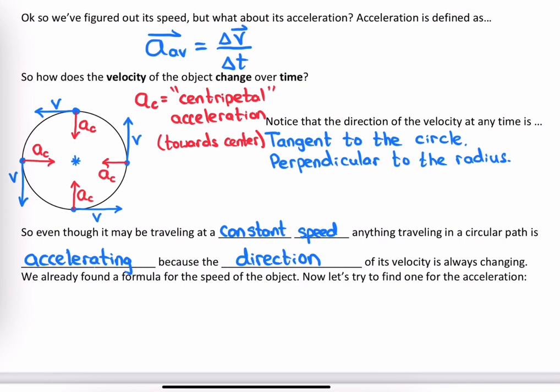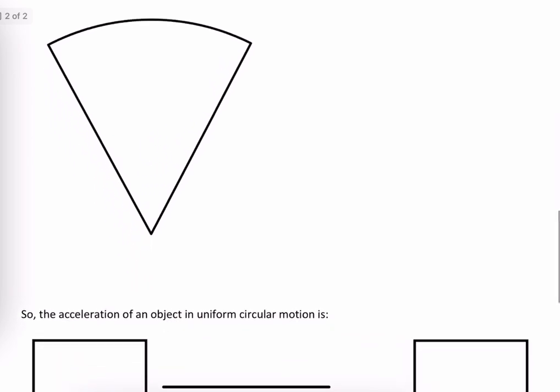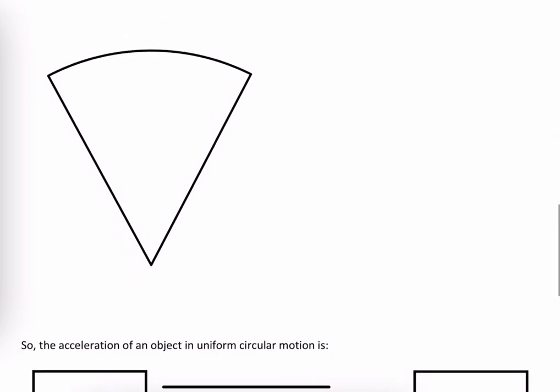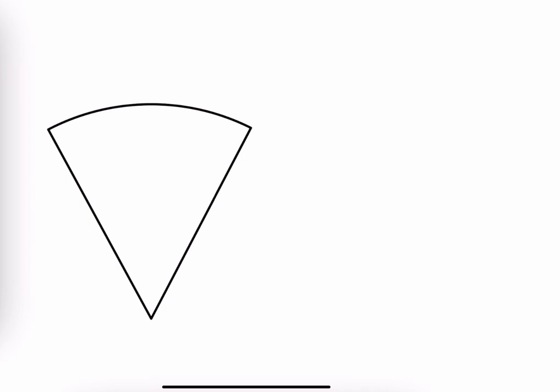But I'm just looking at a section of the circle, from over here to there. So it's sort of like we took a photo of the object at one point and then a photo of the object a little while later, and we're comparing those two moments in time. In this case, let's say that the object is moving clockwise instead of counterclockwise like we used to have.